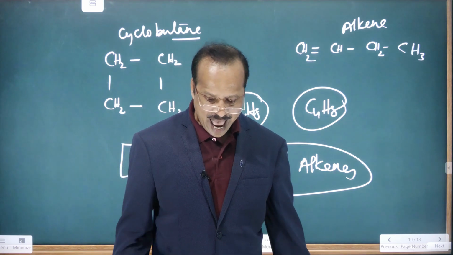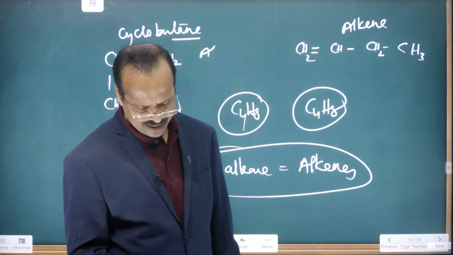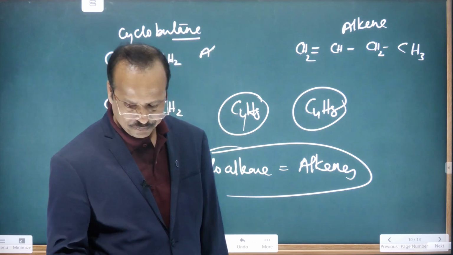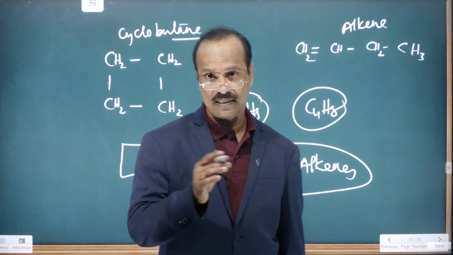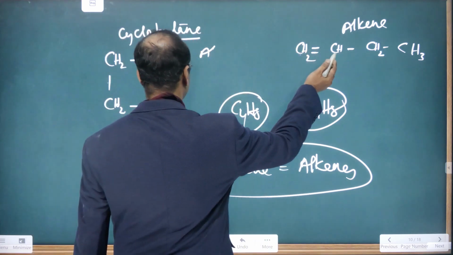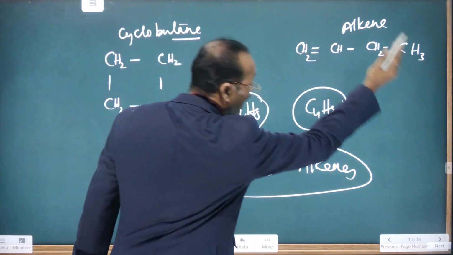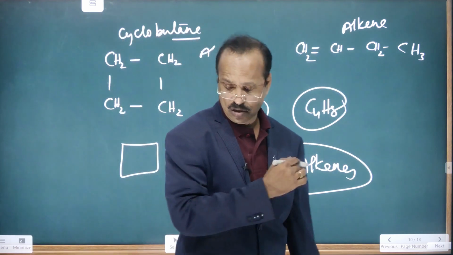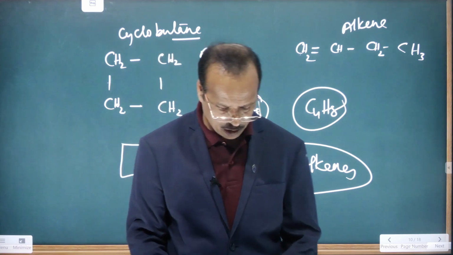Now the fifth question. Alkynes are isomeric with which one? They are cycloalkenes. Okay, alkenes are isomeric with the cycloalkanes. Alkynes are isomeric with the cycloalkenes. Okay, so the option is the third option.